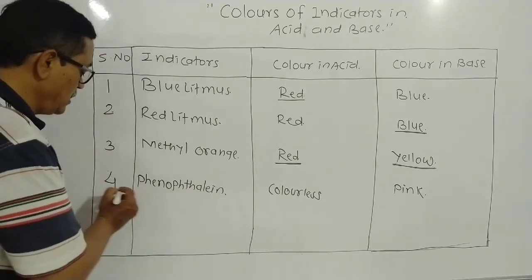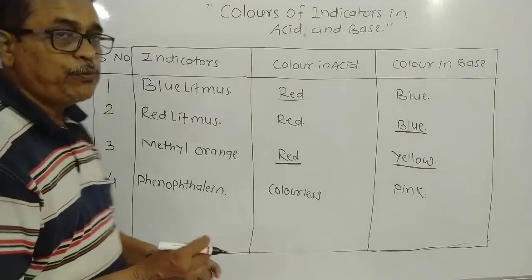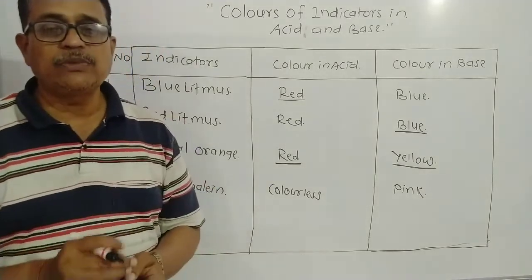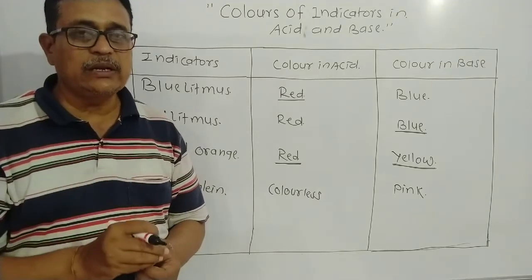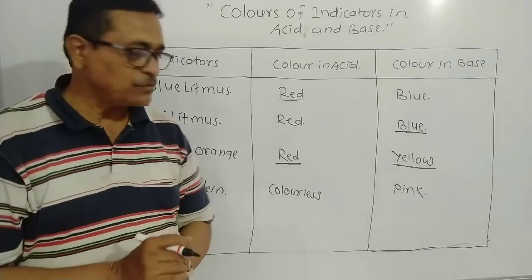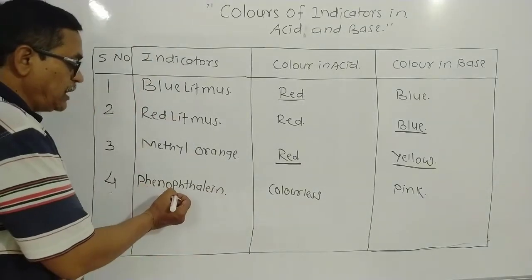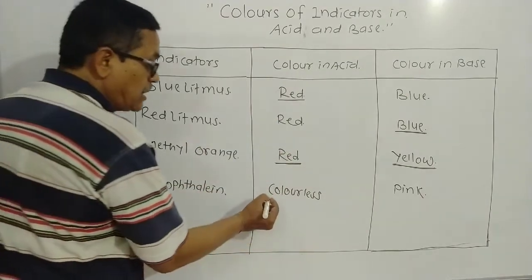Then the last indicator, number 4, is phenolphthalein. We put 2 or 3 drops of phenolphthalein in both test tubes, the acid solution containing test tube and the base solution containing test tube. Here with phenolphthalein, the color in acid has no change, it is colorless.